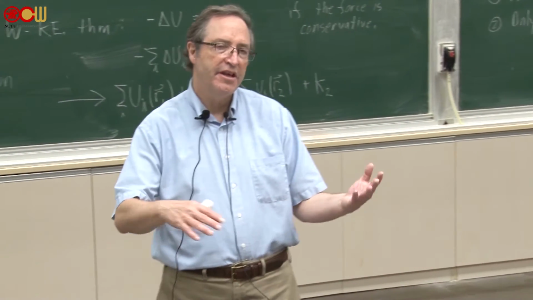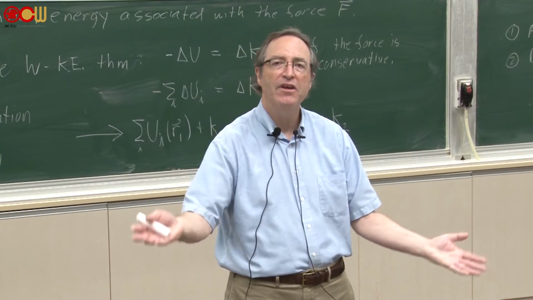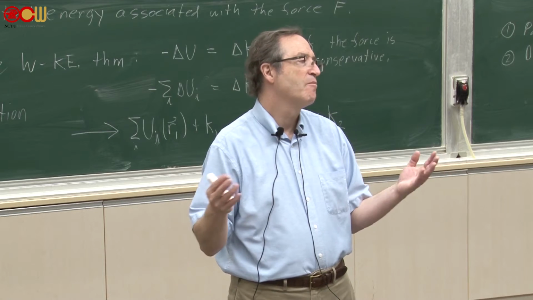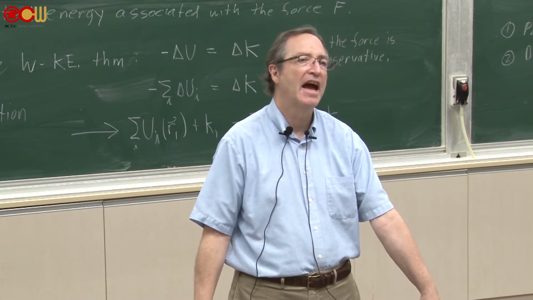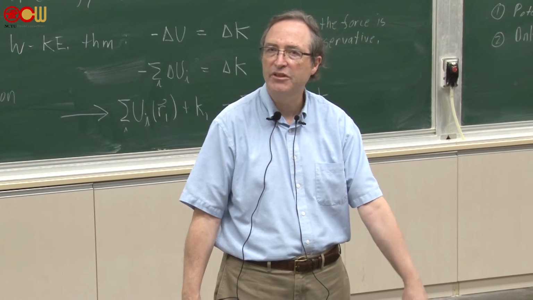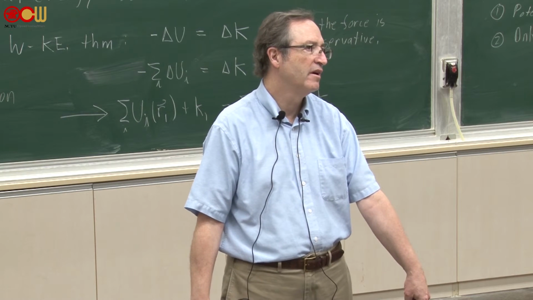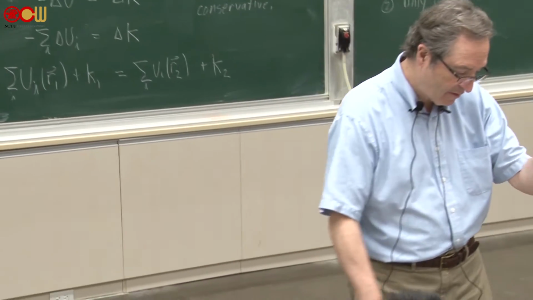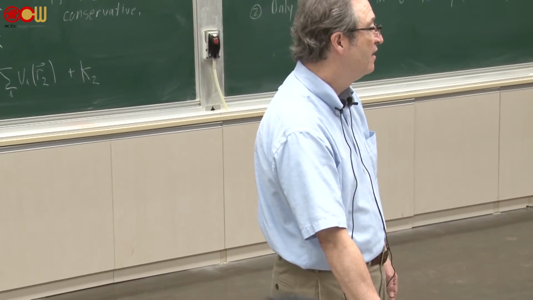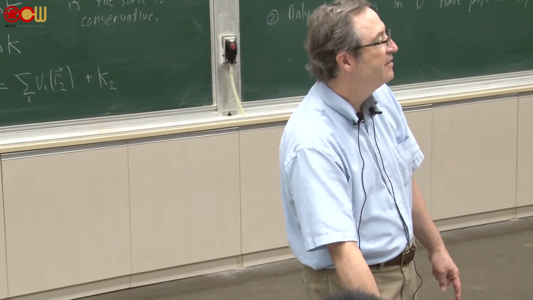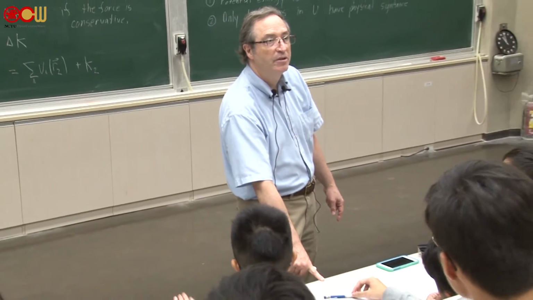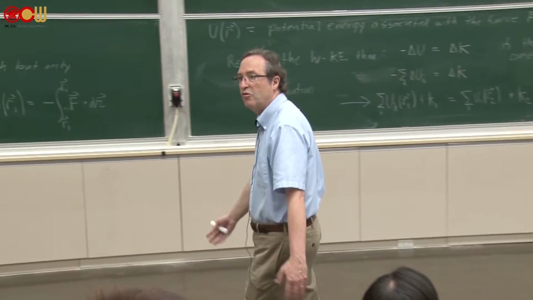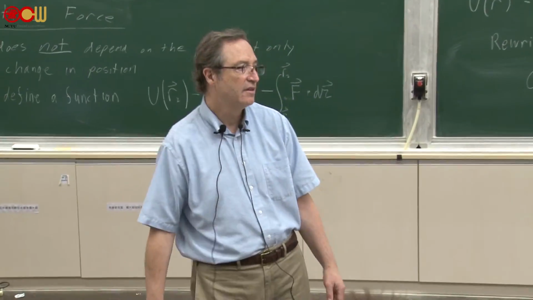So typically, if we're doing gravitational potential energy, I might define the floor as zero. So the potential energy is zero at the floor. But if I'm dropping something on this desk here, I might want to define this desk to be the zero of potential energy. So it's completely arbitrary where the zero is.